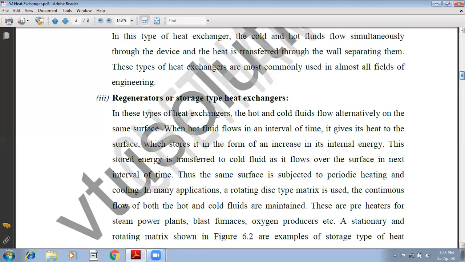In this case, it is pebbles. Using these pebbles, the heat is made to transfer. The hot fluid flows first, then the cold fluid is made to flow. In such cases, the hot fluid as well as cold fluid flow alternately on the same surface, which is called a matrix or energy reservoir.